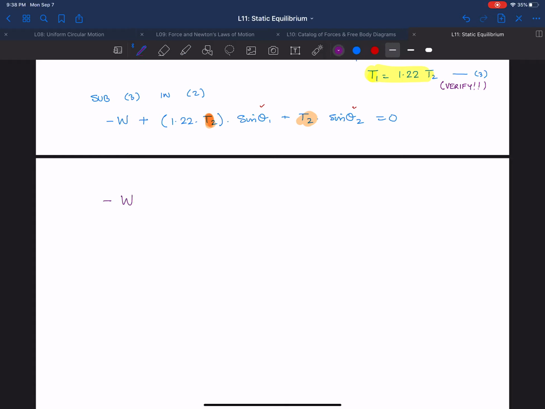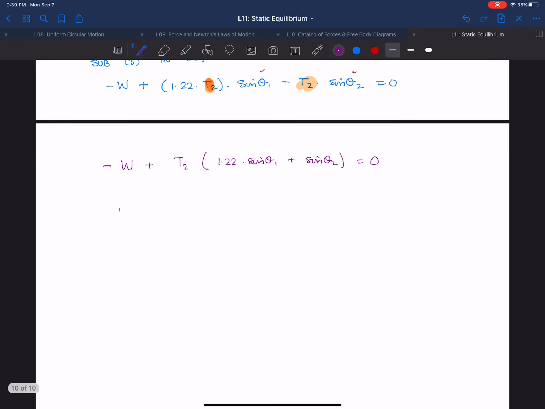So we have minus W plus T2 times (1.22 sine theta 1 plus sine theta 2) is equal to 0. Solving for T2, it's W over (1.22 sine theta 1 plus sine theta 2).